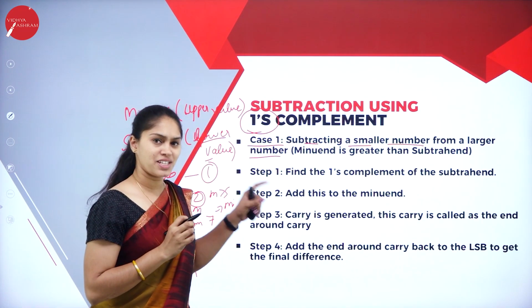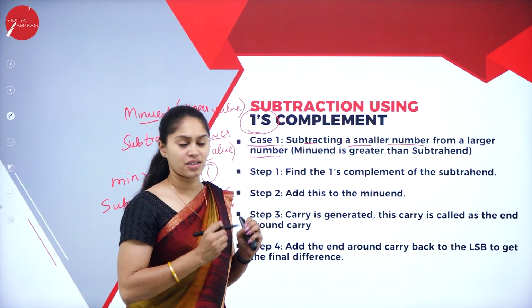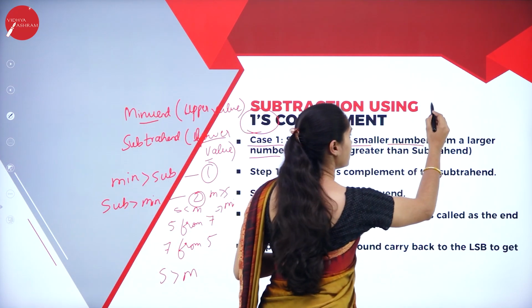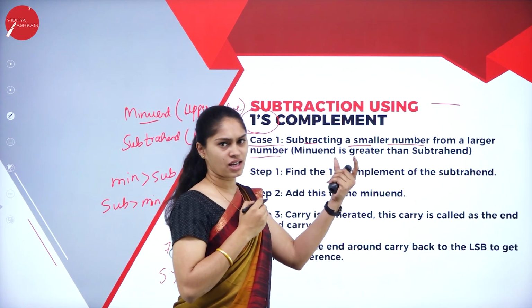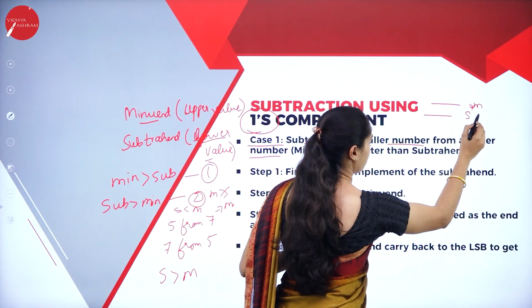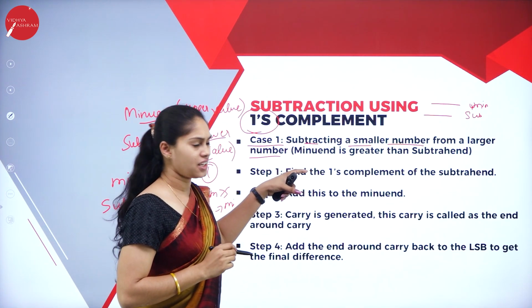So here, which case holds good? Minuend is greater than the subtrahend. Minuend is nothing but the value that I am going to write in the upper position, and subtrahend is this one. So here it will be minuend, and this will be subtrahend. Okay. So what is the criteria now?